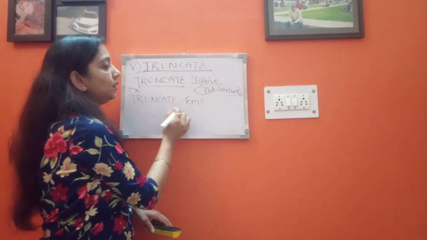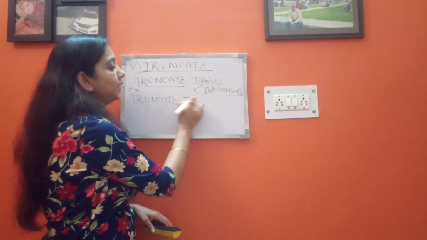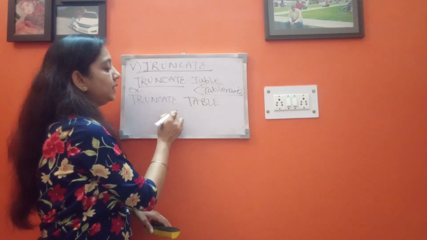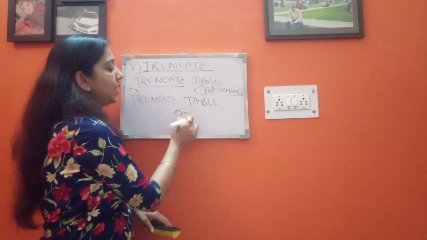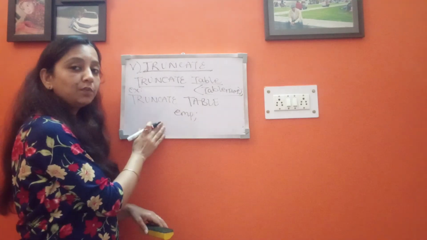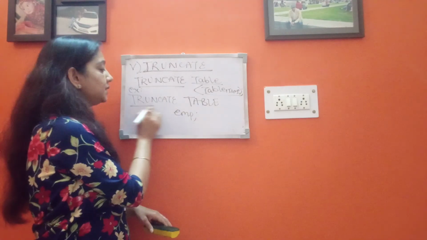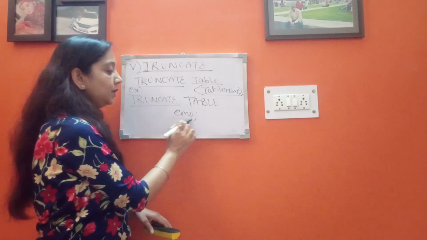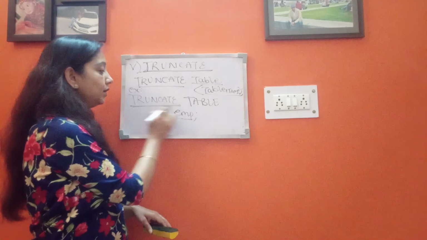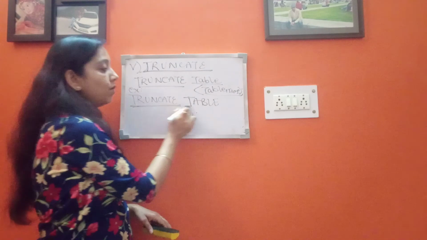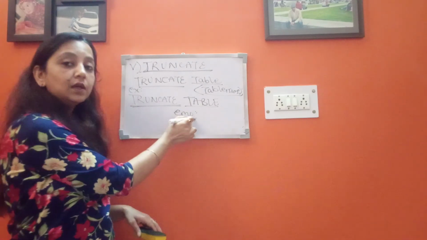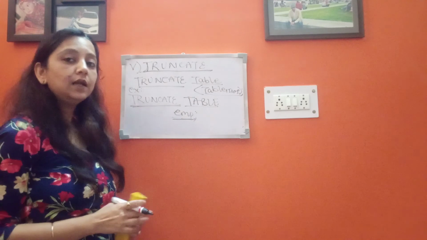Sorry, I will write truncate table, and then what is the name of the table? emp, because I've changed it from employee to emp. So the example is that if I want to permanently delete the table emp, I will say truncate. Truncate is the keyword. What do I want to truncate? The table. What is the name? emp. So these were the DDL commands.